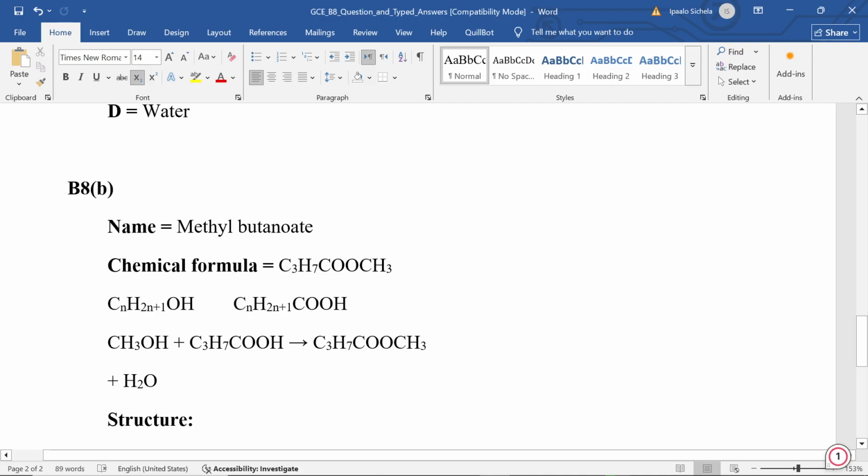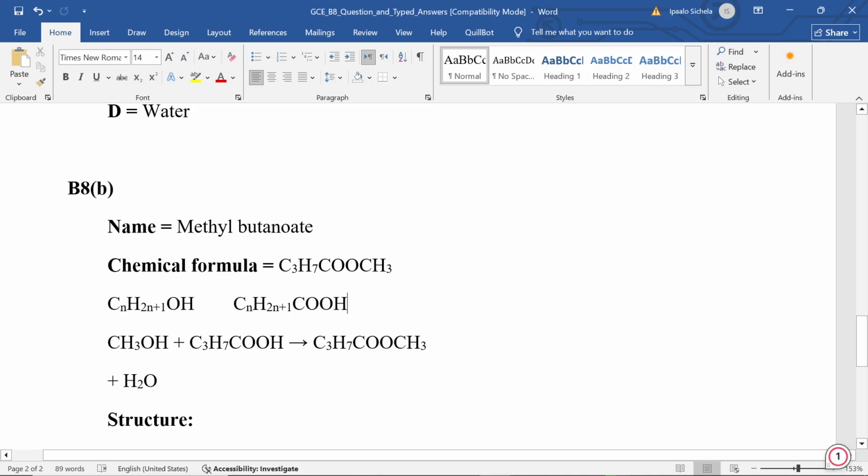What I mean is, the functional group of the alcohol is OH, and there's no carbon atom. But the functional group of the carboxylic acid is COOH, and there's an extra carbon atom. Because of this extra carbon atom, I will say 4 minus 1, which gives me 3.